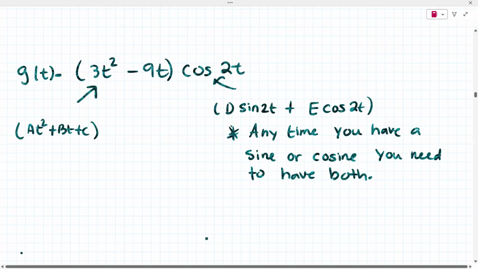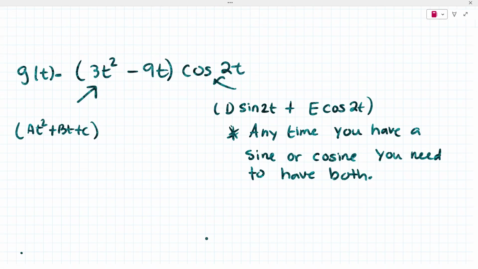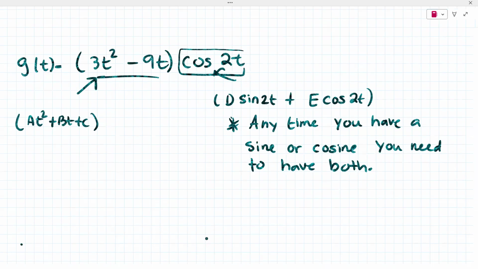Okay, so when you multiply this out, this is a polynomial, and then this cosine of 2t would be expressed as d sine of 2t plus e cosine 2t.